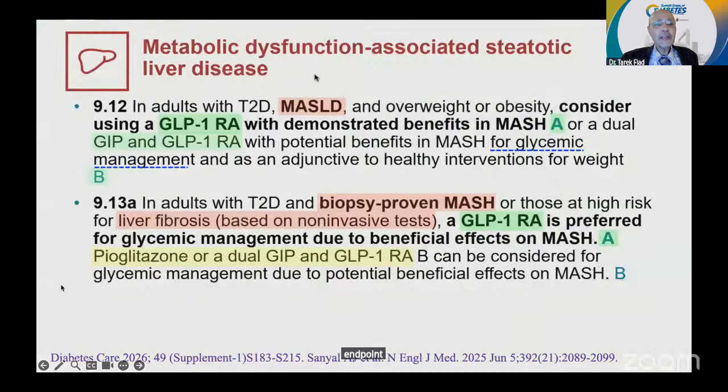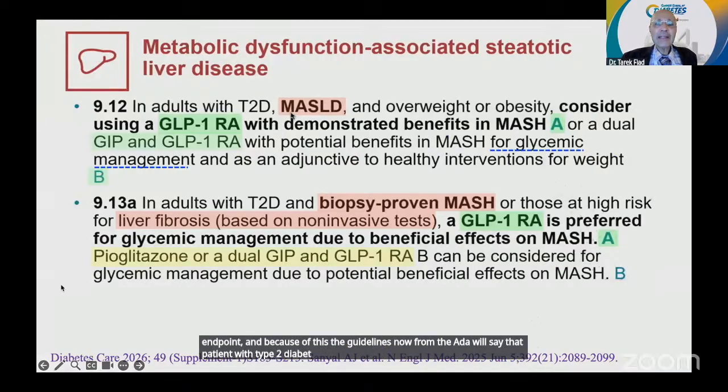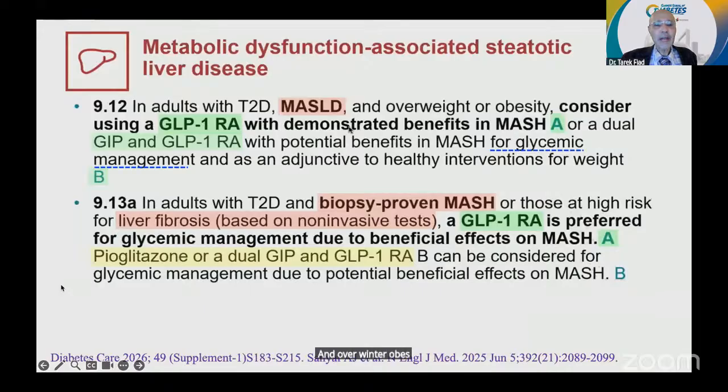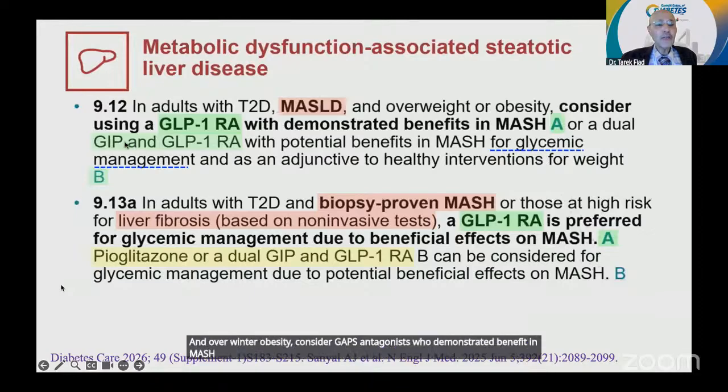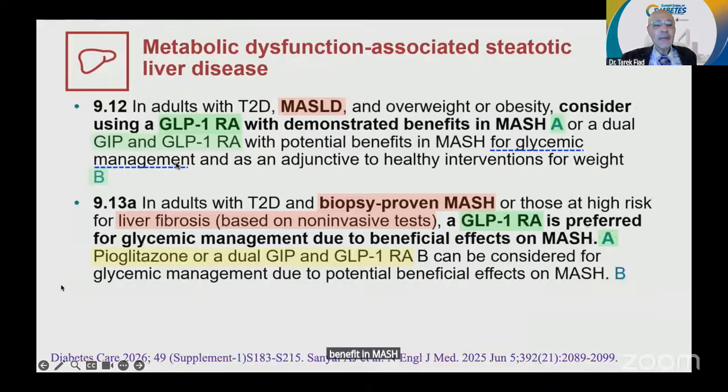And because of this, the guidelines now from the ADA say in patients with type 2 diabetes and MASLD and overweight or obesity, consider GLP receptor agonist with demonstrated benefit in MASH, or dual GIP/GLP with potential benefit in MASH for glycemic management as an adjunctive therapy to intervention to reduce weight.